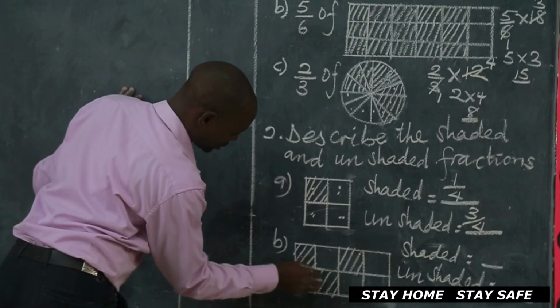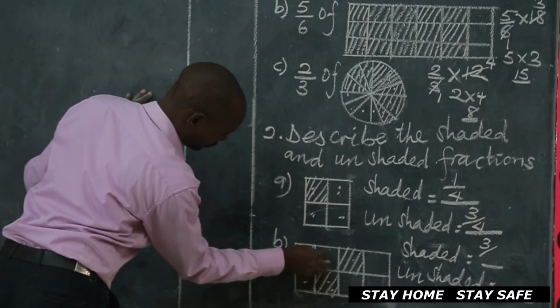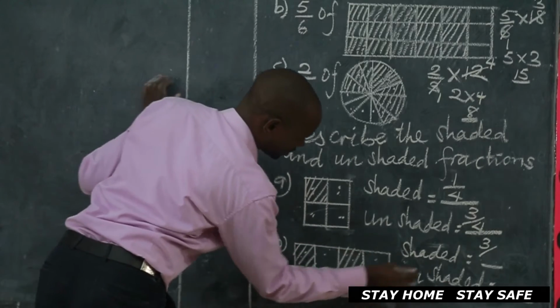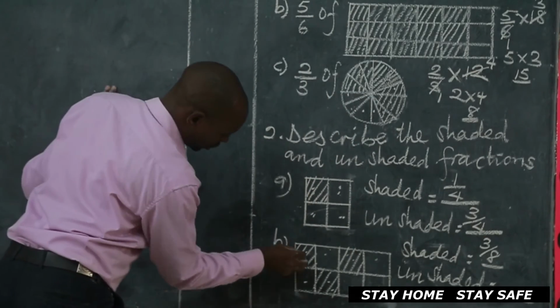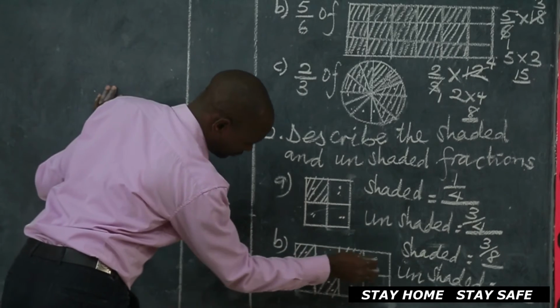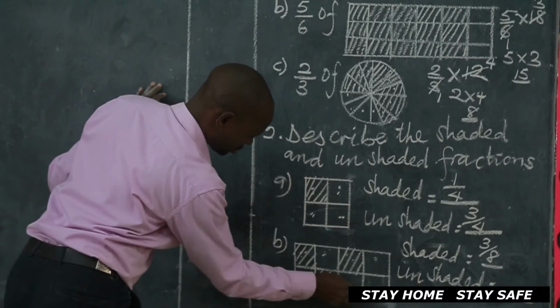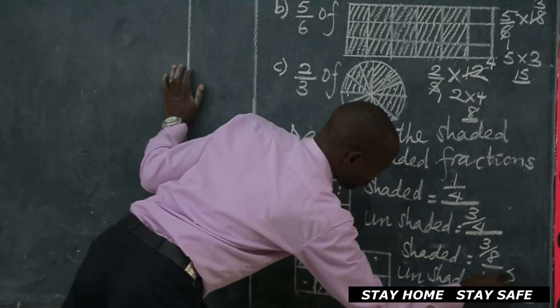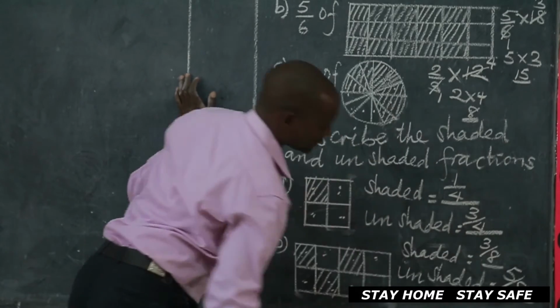Shaded part, 3 parts out of 8. Then here unshaded, 5 parts unshaded out of the 8 parts.